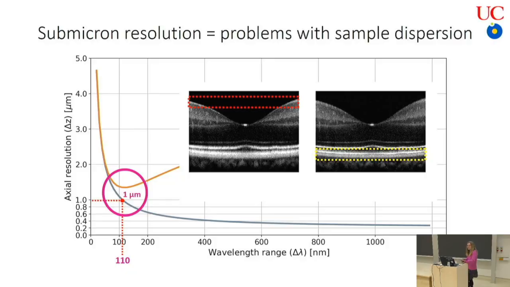So that's the main problem in OCT, and that's why quantum optical coherence tomography is very, I would say, attractive, because that limitation is not present.